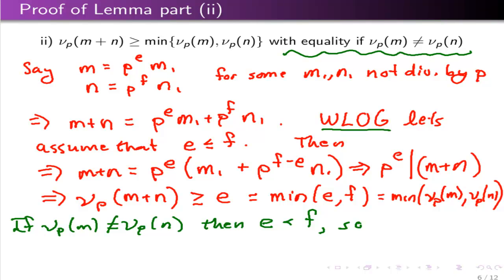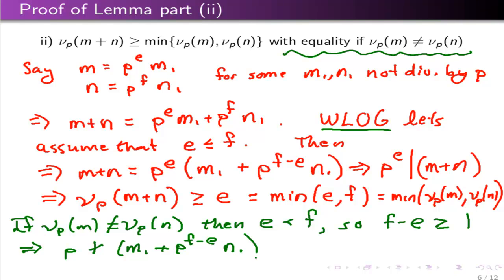So f minus e is a positive number, at least one, which means that p is not going to be a divisor of m1 plus p to the f minus e n1.